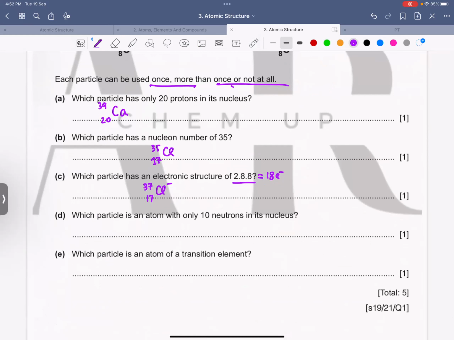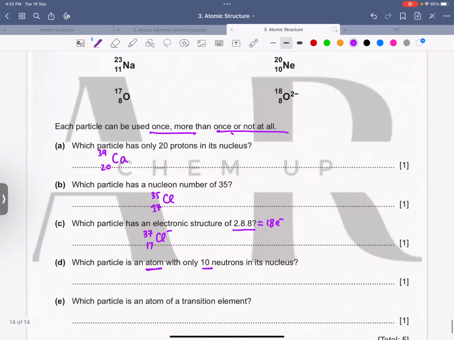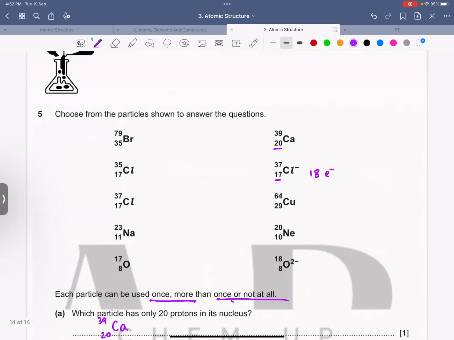Which particle is an atom with only 10 neutrons? How will we find neutrons? Nucleon minus proton. So for the one which has 10 neutrons and which must be an atom, what will be the answer?